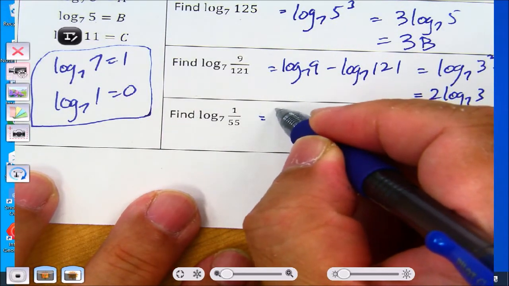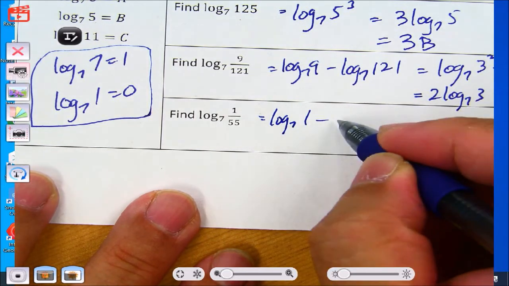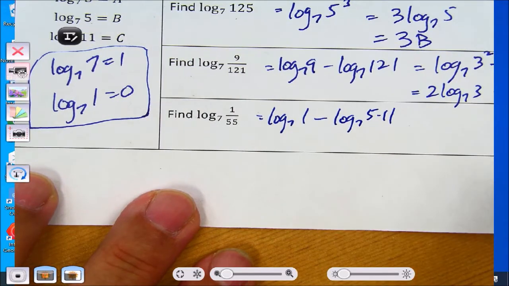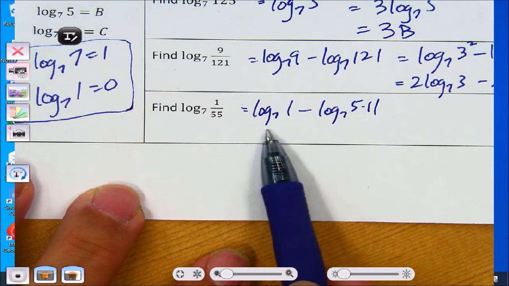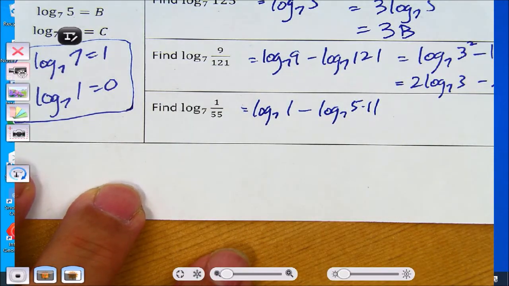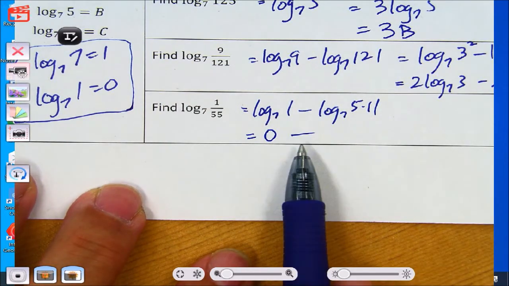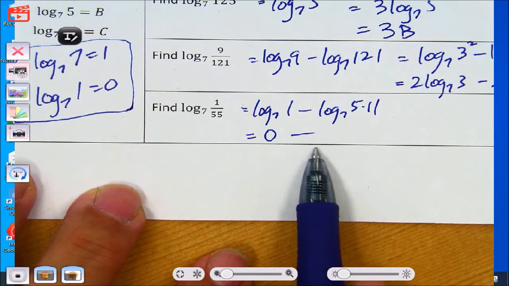Alright, so let's do this. Log base 7 of 1 minus log base 7 of 5 times 11. And what is log base 7 of 1? 0. So there's a minus sign here, so whatever comes out of this gets that minus sign applied to it.